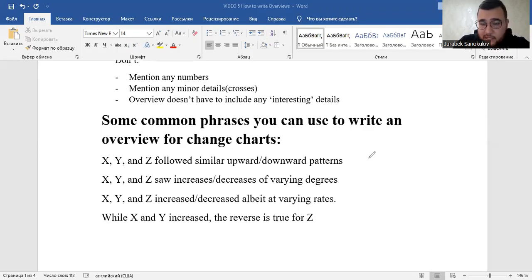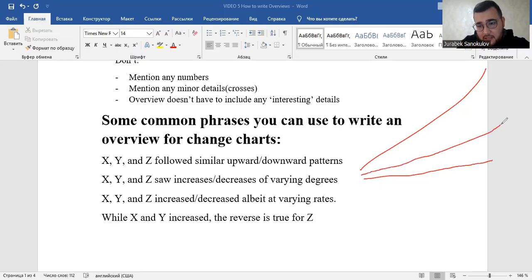So let me explain how you will use it. Sometimes the categories increase or decrease, but the rate of increase or decrease will be different. So for example, look at this. So one of them is this, and one of them is this, and one of them is this. I mean, they're quite similar, but still.